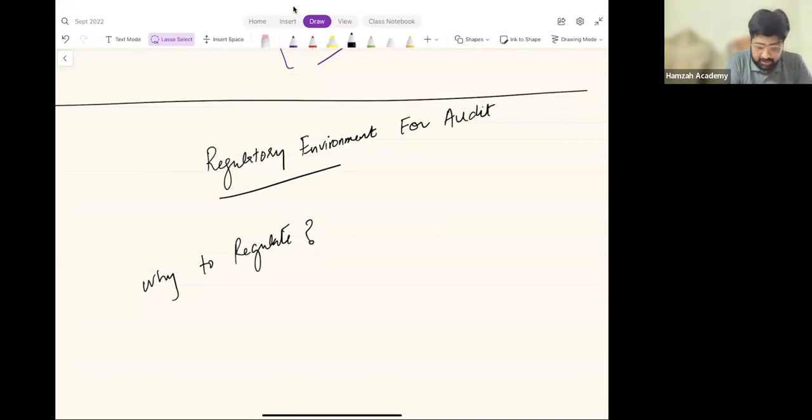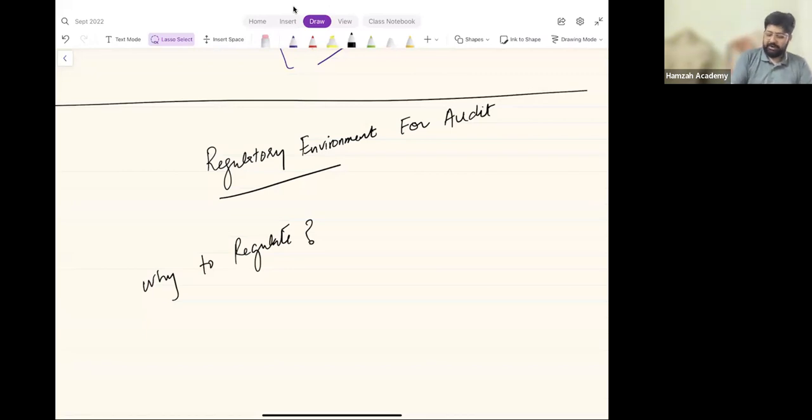Okay, good. Why are those parameters there? Parameters are regulation, right? Yes. I think it is to ensure that the financial statements show a true and fair view of the state of affairs of a particular company.